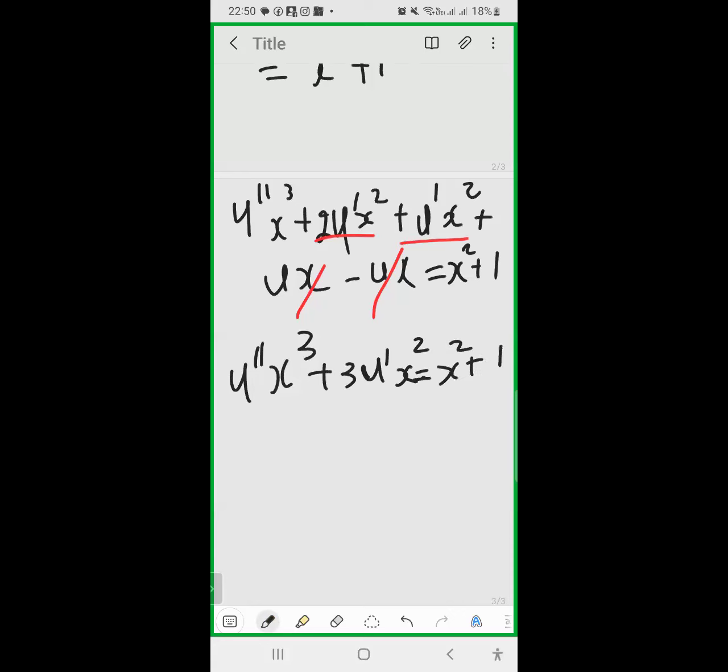Now we can divide everything by x cubed. So we have u double prime plus 3 over x u prime equals x squared plus 1 divided by x cubed.